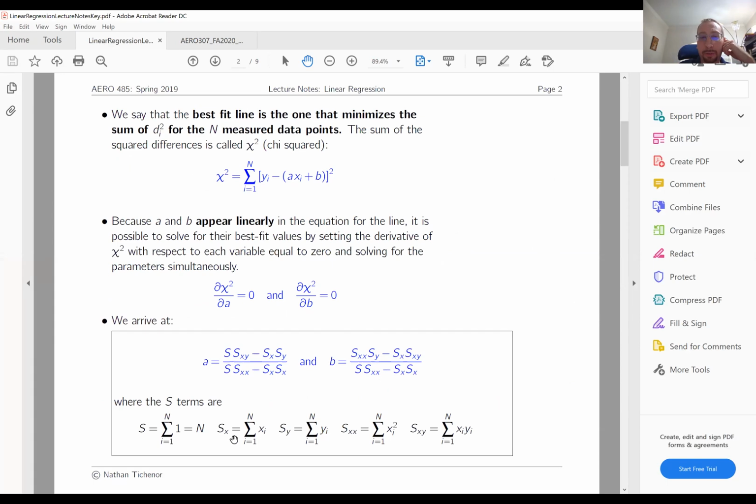You can solve them to get A and B in terms of these values: Sx, which is the sum of xi's, Sy, the sum of yi's, Sxx, and Sxy.